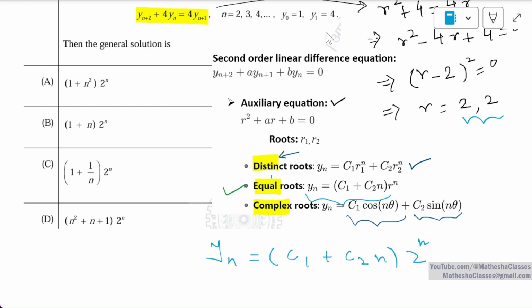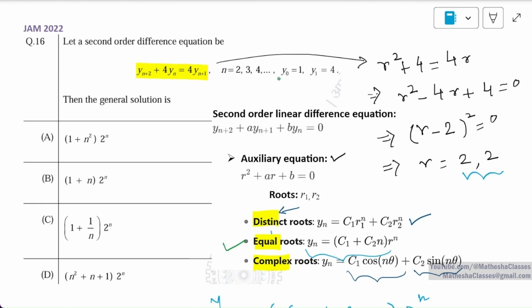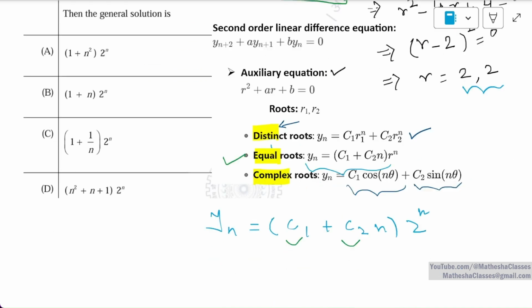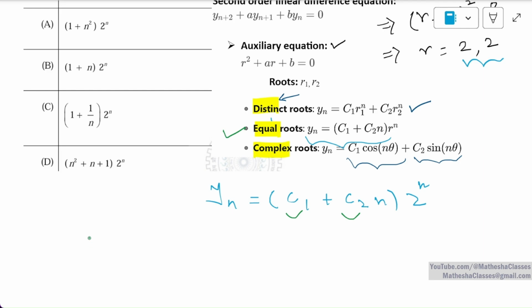We now have to identify c_1 and c_2 from the given initial conditions y_0 = 1 and y_1 = 4. So when you are considering y_0, that means you are simply putting n = 0.